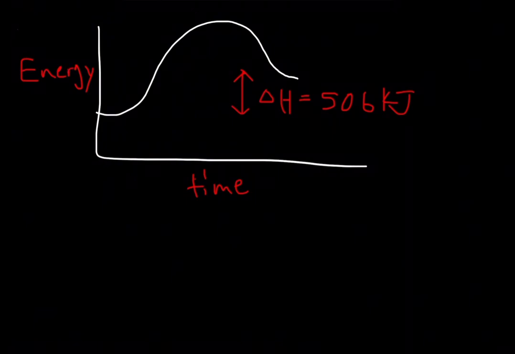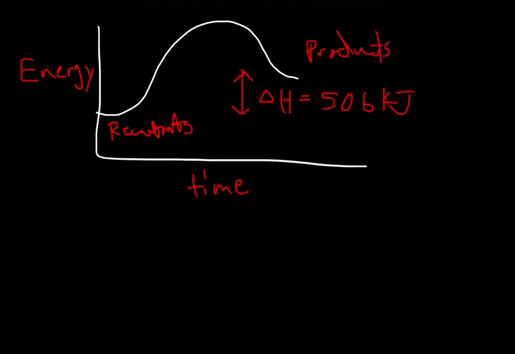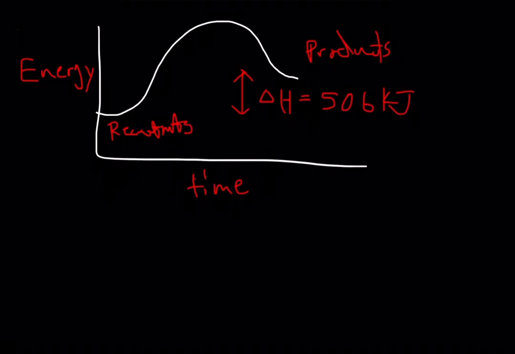This is going to be the reactant, and this is the product. By the way, the reason the reactant is at the start is because at the start of the chemical reaction, you only have the reactants. And then in the end, you only have the product there.